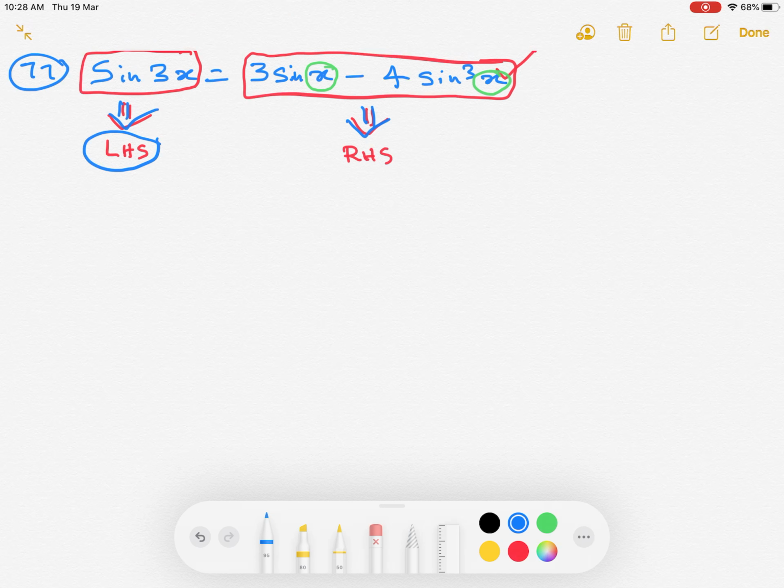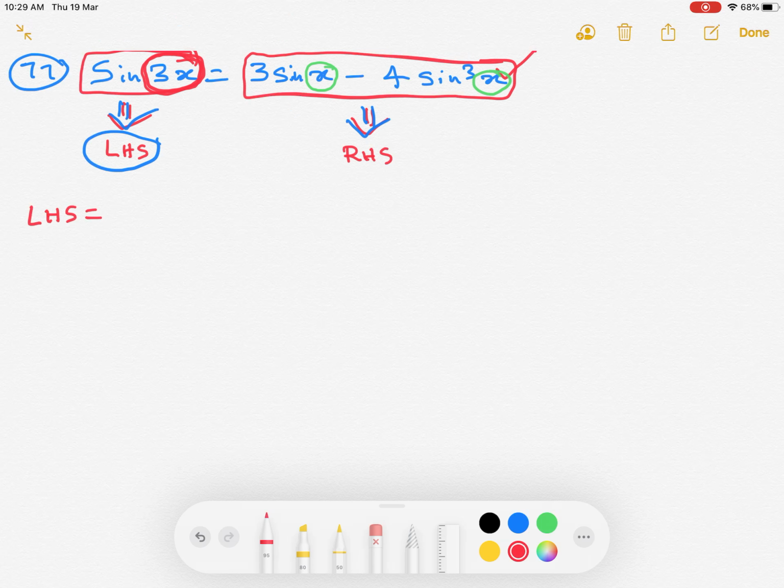But on the other hand, you can see on the left hand side, you have sine 3x, 3 times x. So you are taking the left hand side, and you can try to bring the right hand side, because here you have sine 3 times x.